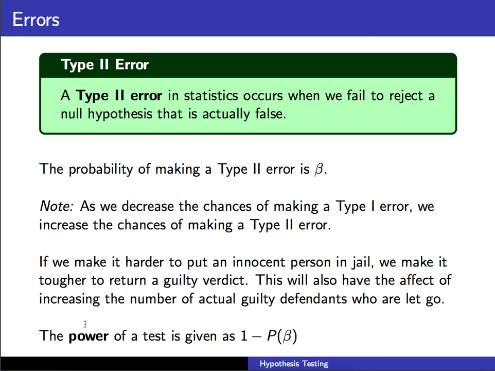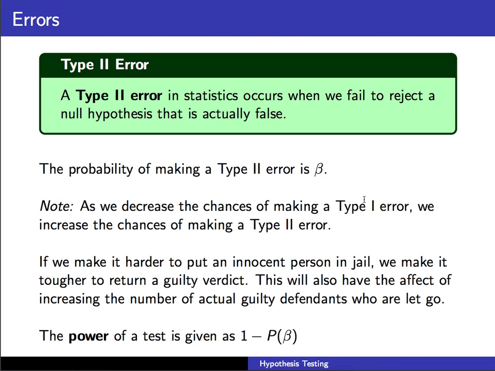Now, if you want to minimize your chances of making both types of errors, first of all, for a type 1 error, you'll be given your level of significance. You'll state your level of significance in the problem. You can make that level of significance really low, but that will increase the probability of making a type 2 error. But taking a larger sample size will also decrease the probability of a type 2 error.